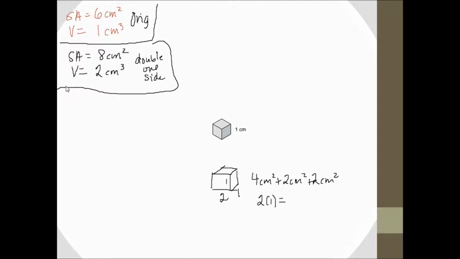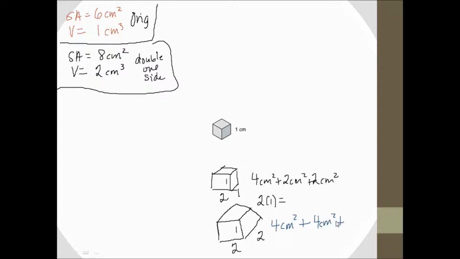Alright. Now I want to double another side, so let's keep it a 2 by 2. This time I'm going to go a little further back. That looks horrible, but oh well. So now I have a 2 by 2 by 1 prism. For the surface area, the front and back are each 2 by 1, so that's 4 square centimeters. The left and right are also 2 by 1, so that's 4 square centimeters.